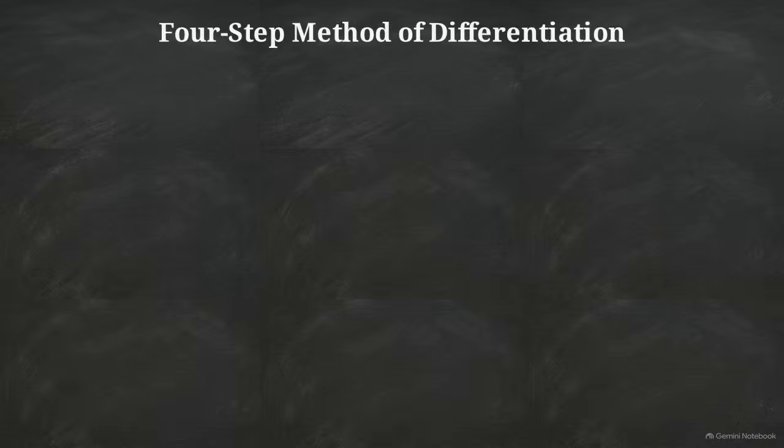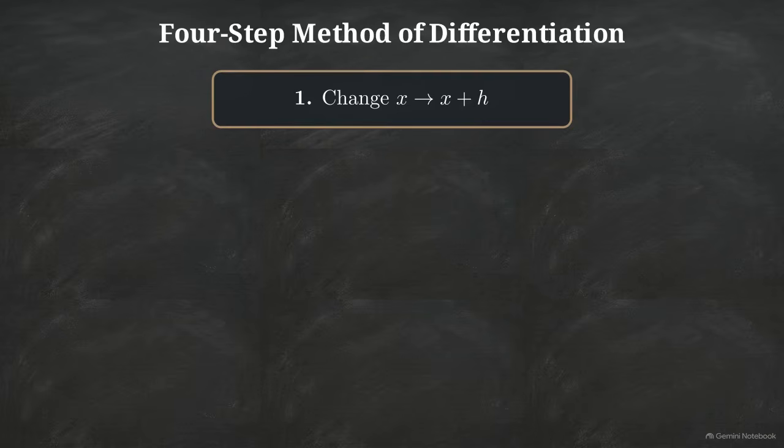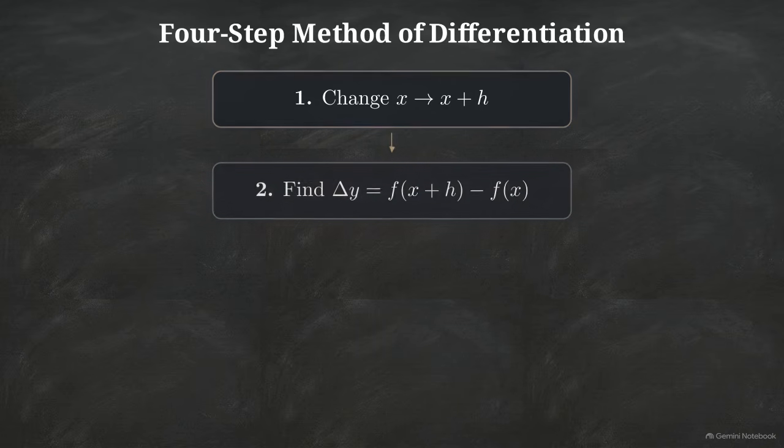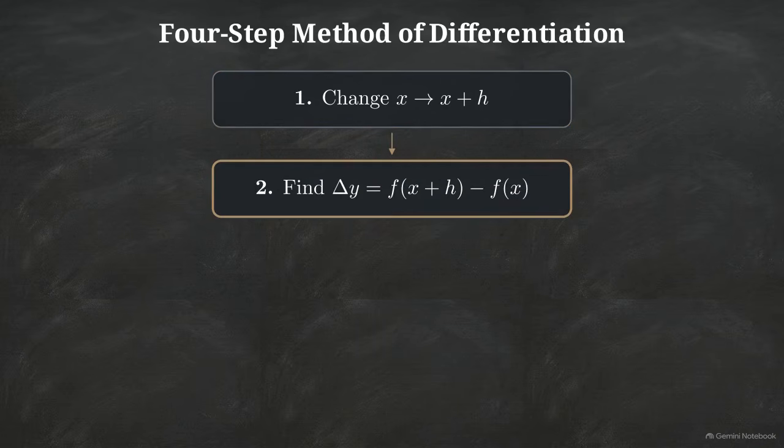We can find that exact slope for almost any equation using a universal 4-step framework. Step 1. Take your initial input, x, and give it a tiny nudge forward by replacing it with x plus h. Step 2. Find the change in your output, delta y, by subtracting your old y value from your newly calculated y value.